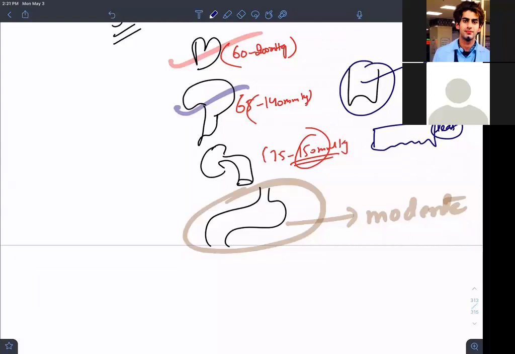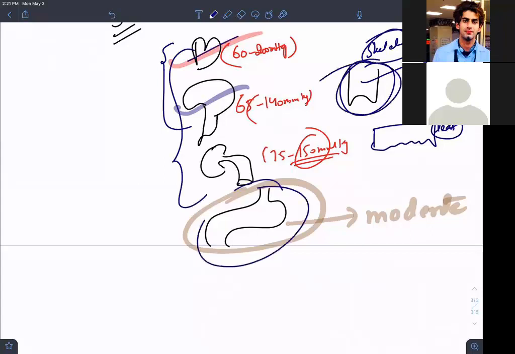Least in skin, strongest in the heart, moderate in the GIT, moderate in the skeletal muscle. So we have given three degrees to remember: strongest, moderate, and least.